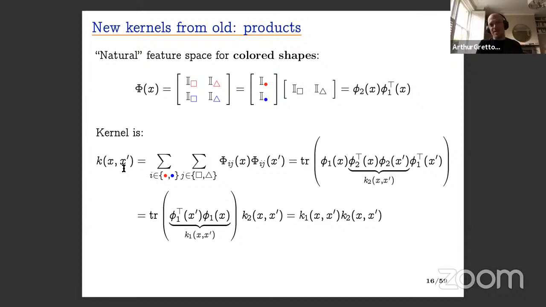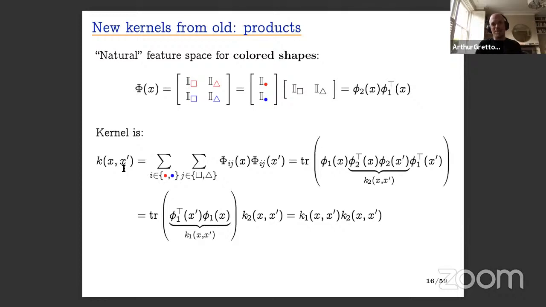And you can think of a sum kernel, abstractly speaking, as an OR operation. If in no mode are the objects similar, then my kernel is going to be 0. But if the objects are similar in any way, in shape or in color, then my kernel is going to be away from 0. Okay, so this is a way of taking kernels on features and combining them.